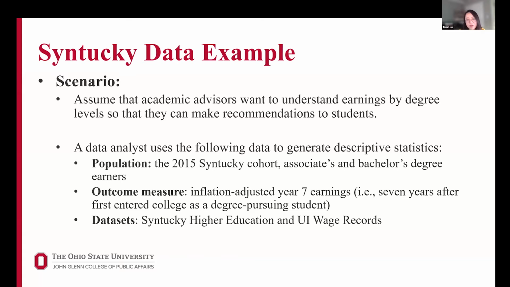So this means 7 years after first entering college as a degree pursuing student. And you have those data for associate's and also bachelor's degree earners. And the underlying data sets are the synthetic higher education and UI wage records. And of course, you can argue that there might be better outcome measures available out there, but here I would just use the year 7 earnings as an example.